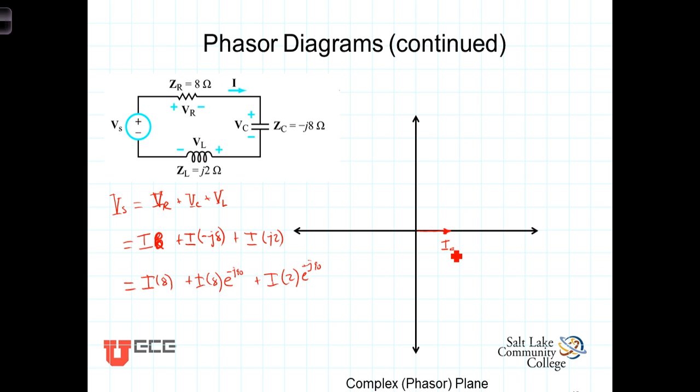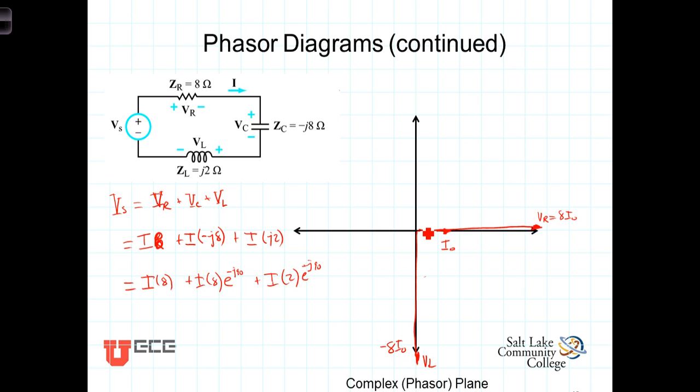The voltage across the resistor is 8 times that, or V sub R is equal to 8 times I0 in length, and it has the same angle as I. The capacitor, on the other hand, is 90 degrees behind the current, so the voltage V sub C is down here at negative 8 I0.